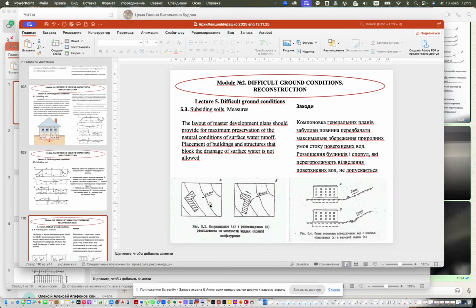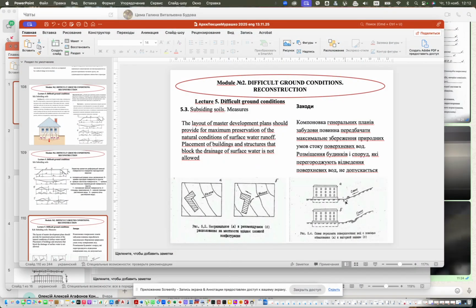So what can we do? We can rotate our building, and this type of location of the building will protect it from collection of waters. So it will protect our building from subsiding effects. Here is the solution for this situation.